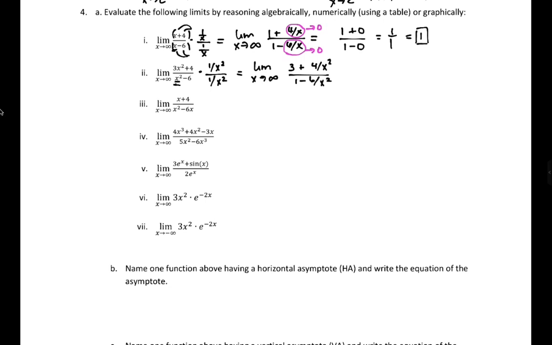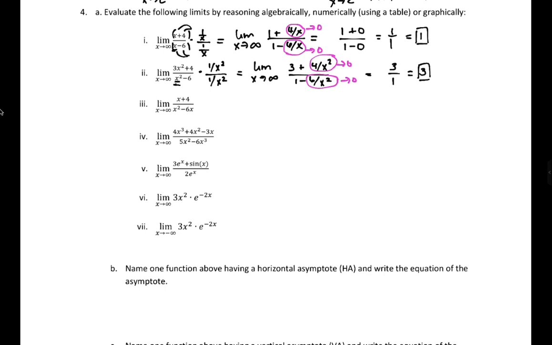Again, as x approaches infinity, the two circled terms both approach 0, and so this limit is equal to 3 over 1, which is 3.